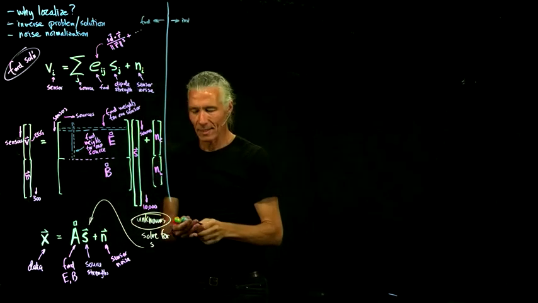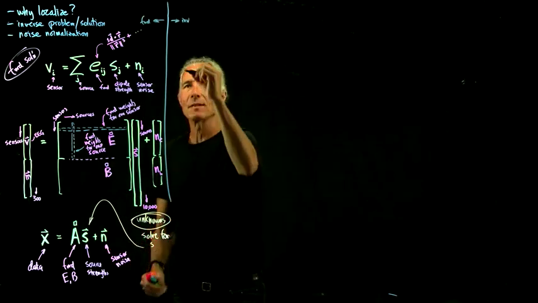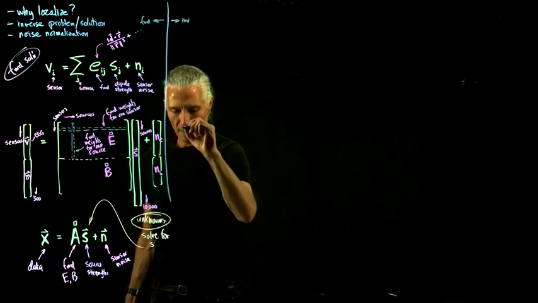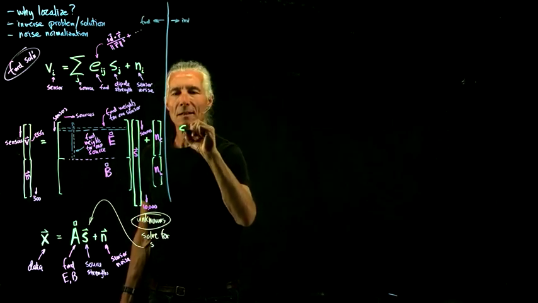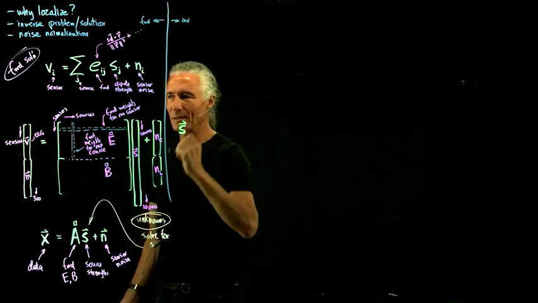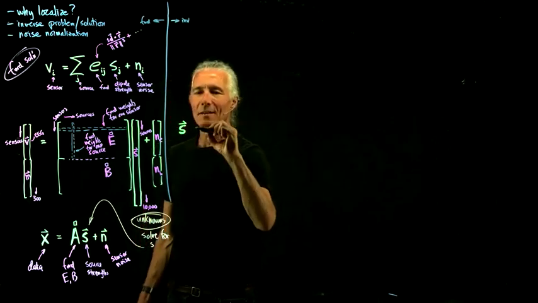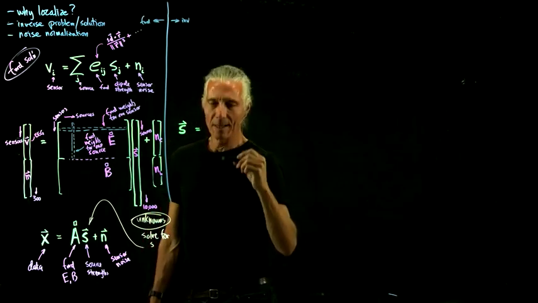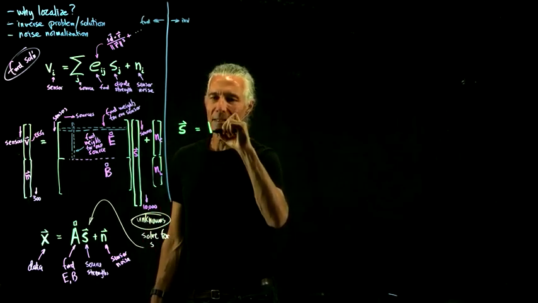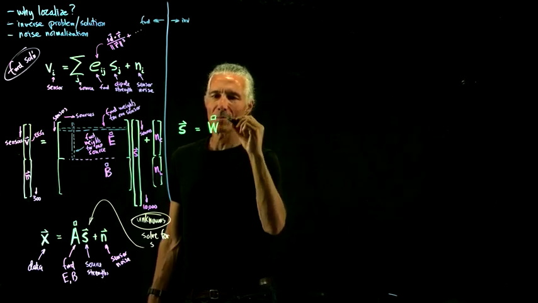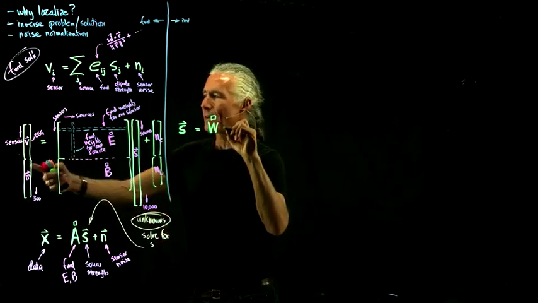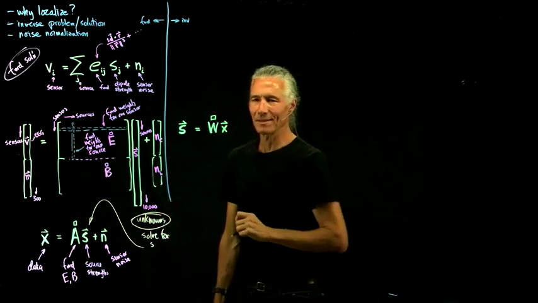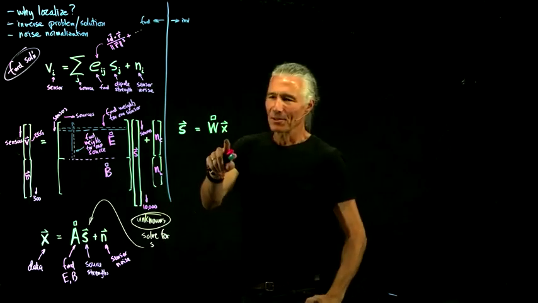Okay, so this is forward going this way and inverse going this way. So what is our inverse solution? Here's our source vector, 10,000 long, and we want to find a matrix that when we multiply it by our data vector, this x vector, we get our sources. So you can see what the problem is.